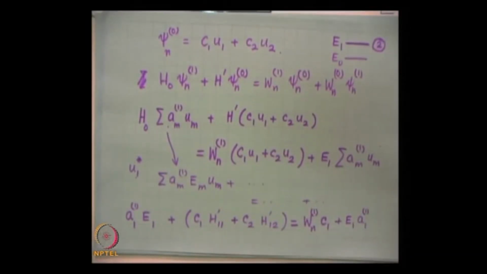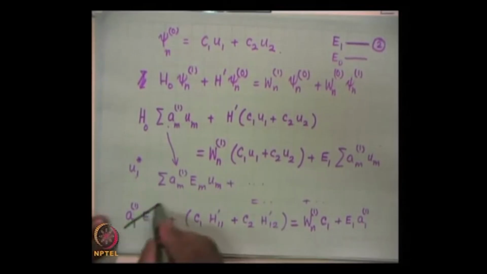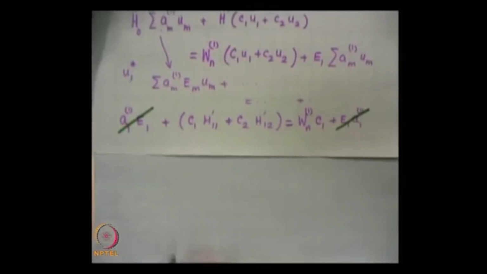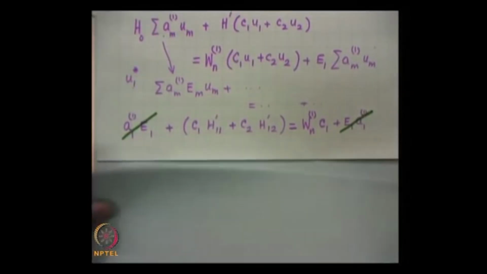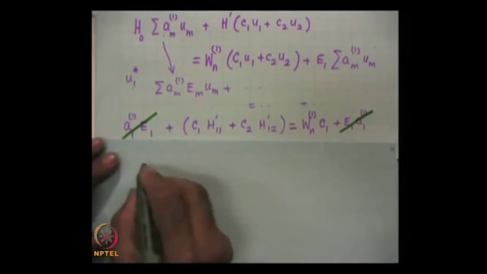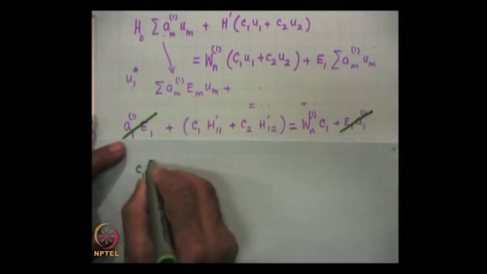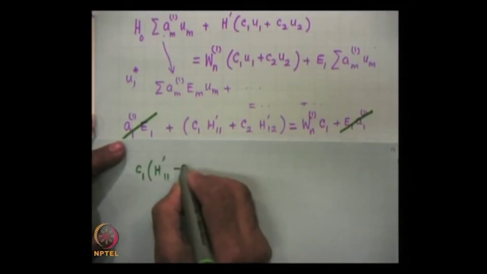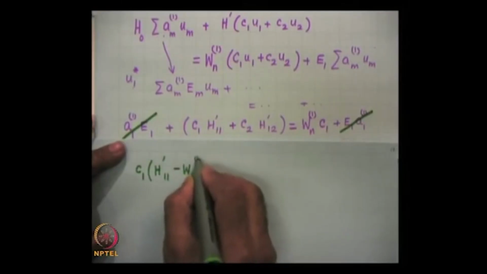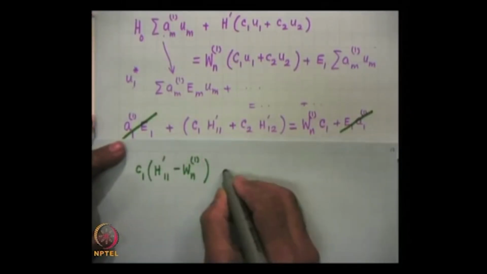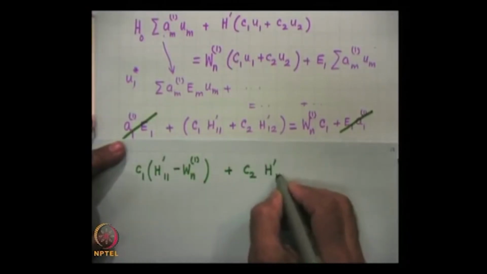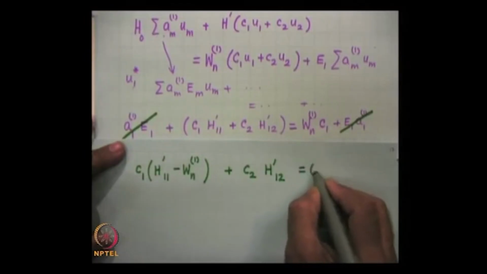As you can see, this term cancels out with this term, and if I take this to the other side, we will get the equation C1 (H prime 11 minus Wn1) plus C2 H prime 12 is equal to 0.